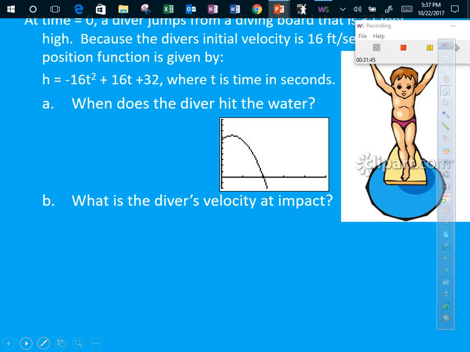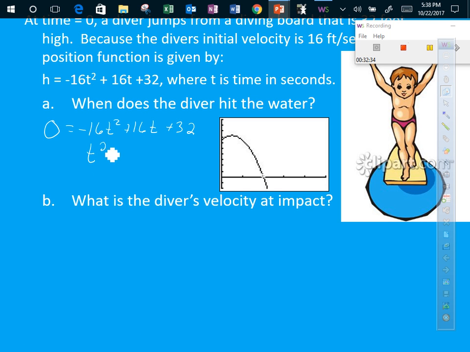Okay. Well, to do this one, guys, the height when he hits the water is 0. So I'm going to set 0 equal to negative 16t squared plus 16t plus 32. And then I'm going to factor that. I'm going to graph that. Just looking at the graph, it looks like 2, but let's make sure. I'm going to divide both sides by negative 16.